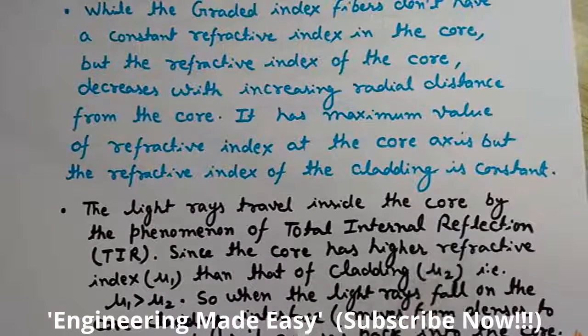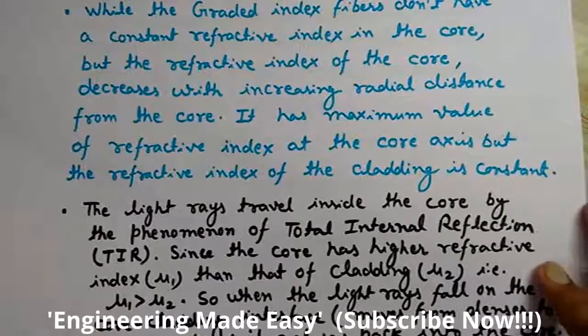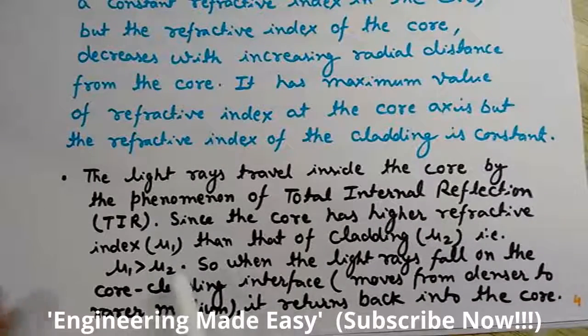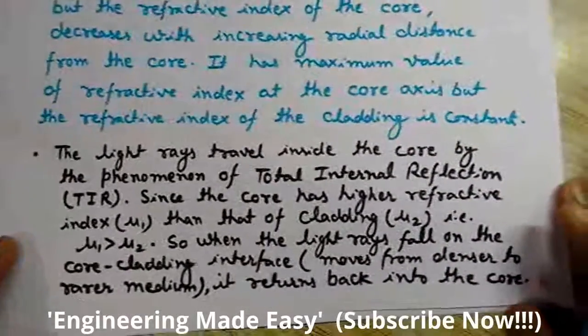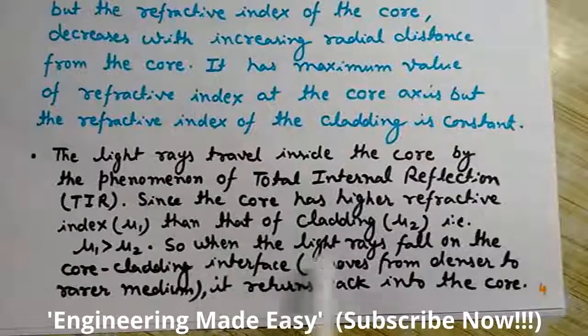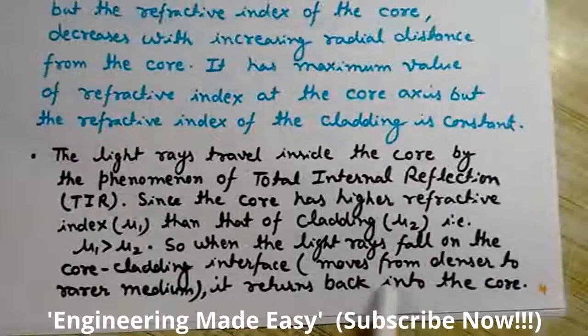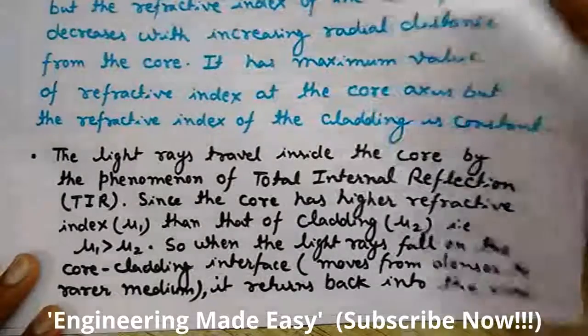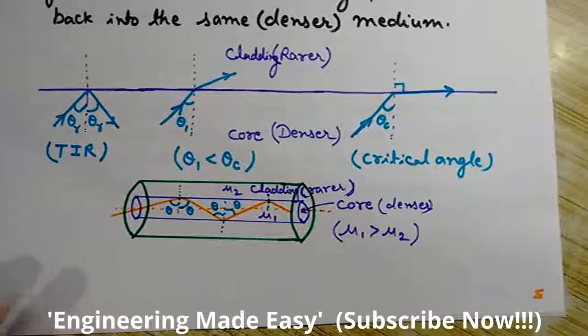Since the core has a slightly higher refractive index than that of the cladding, since I have told you that mu1 is greater than mu2, when the light rays fall on the core cladding interface, means moves from denser to rarer medium, it returns back into the core. Did you get the concept?